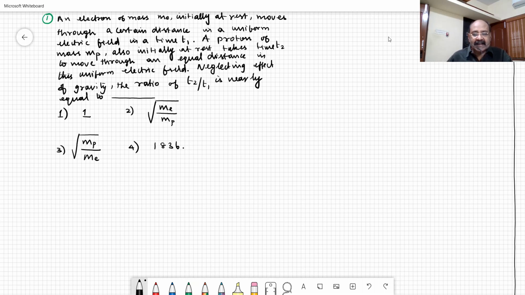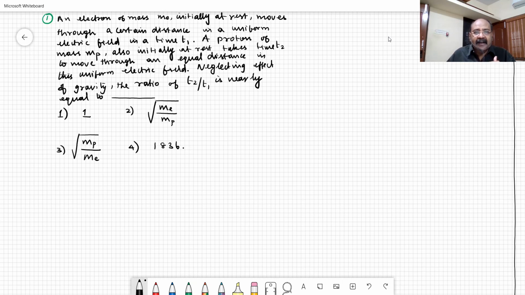Today in this class we are going to study some of the problems that have already been asked in competitive examinations like NEET, IIT, etc. The first problem: an electron of mass me, which is initially at rest, moves through a certain distance in a uniform electrical field in a time of t1 seconds.